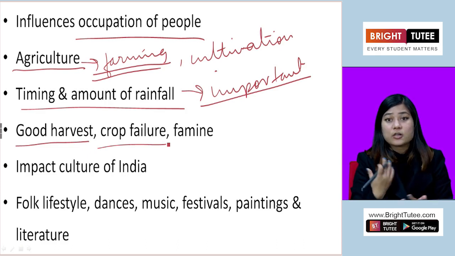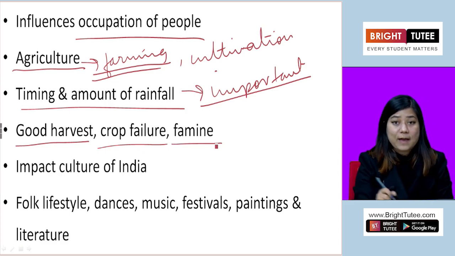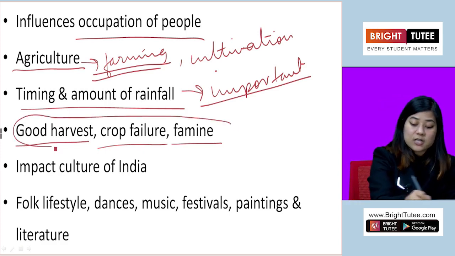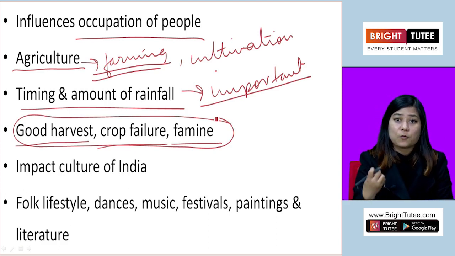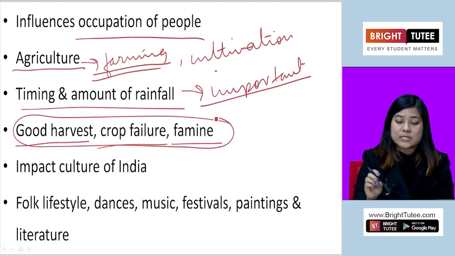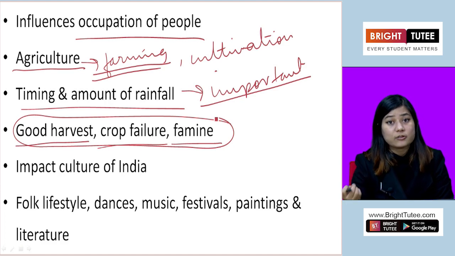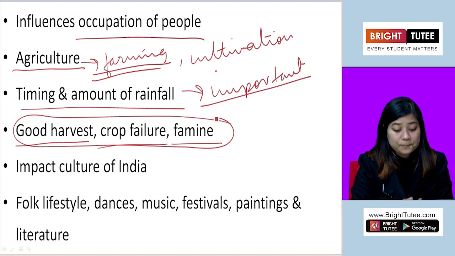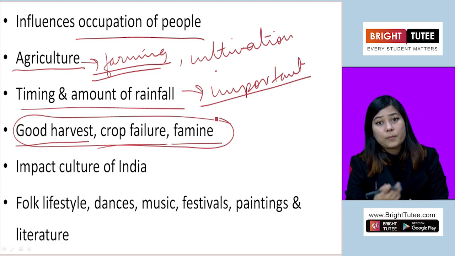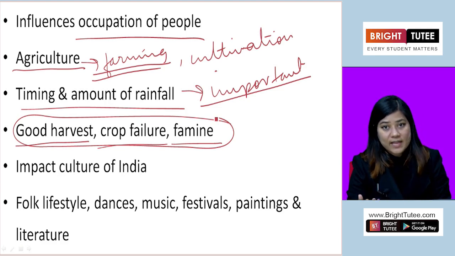And if they do not receive any rainfall at all, then they also have famine. So these are the results of the timing and amount of rainfall they receive. You can see how the climate also influences the occupation of the people. If there is no proper rainfall on time, then the crop fails.